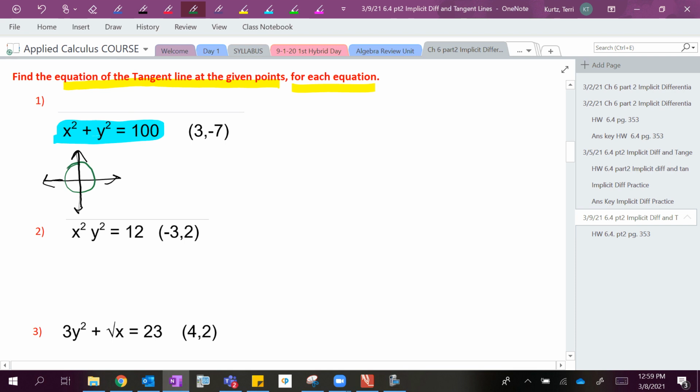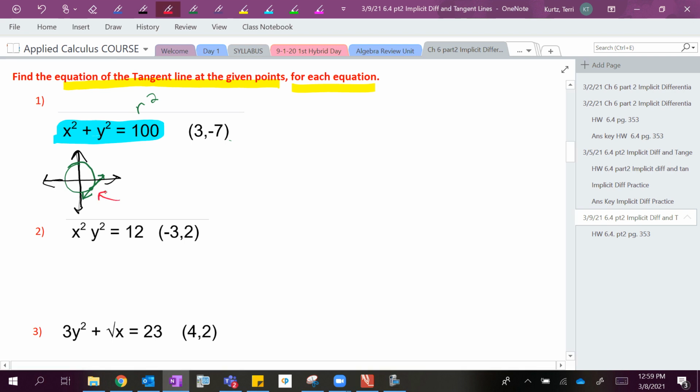Because a circle is x squared plus y squared equals r squared. So this is an equation of a circle, and it's saying give us the equation of the tangent line at the point (3, -7). So let's say we had a point (3, -7) down here. Here would be our tangent line, and we want to find the equation of this line.